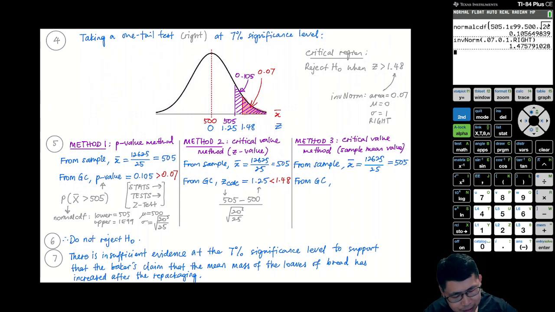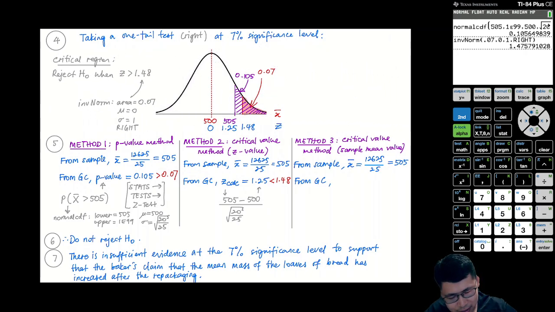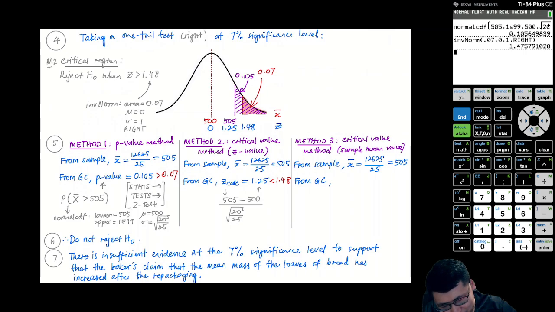Let me shift this a bit for method 2. I'm going to shift this over here and label this one M2, method 2. Now for method 3, we will also need to establish the critical region, and it is the same phrasing.